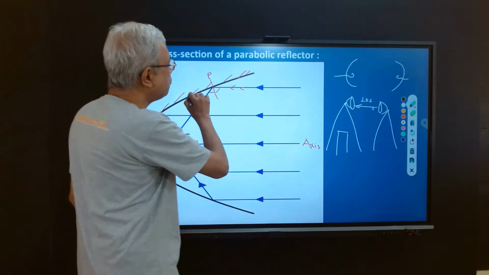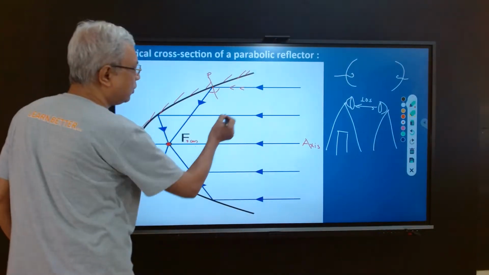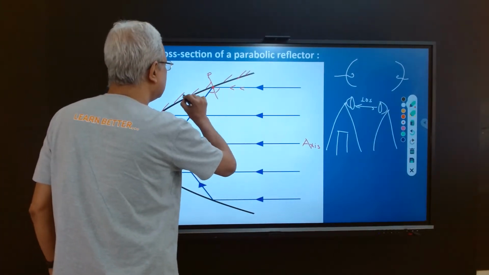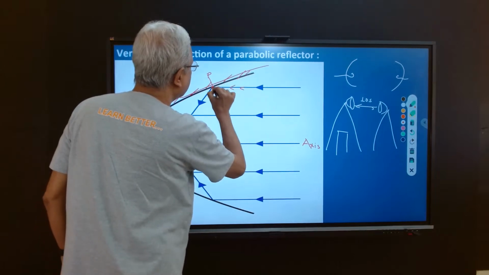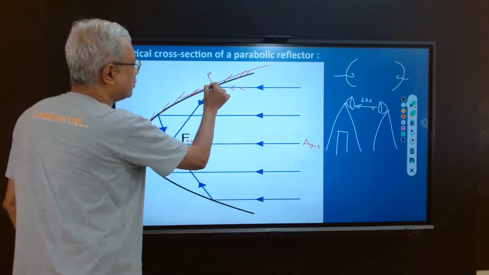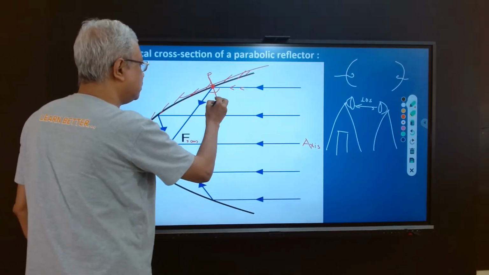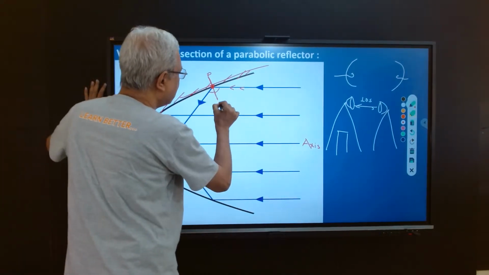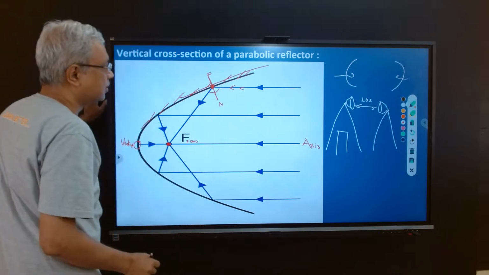Now, when we consider the reflection of a light ray at this point, what do we do? We draw a tangent at this point. The normal to the tangent, which is normal to the parabola, is the normal at the point of incidence.